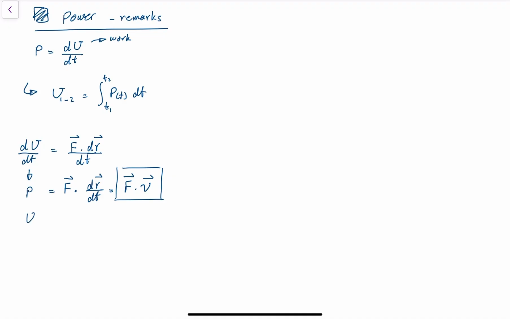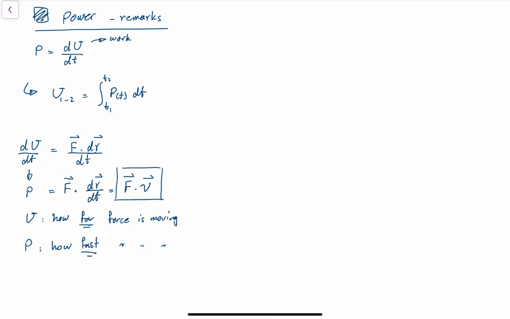So to remind you, U is how far the force is moving. P is how fast the force is moving.